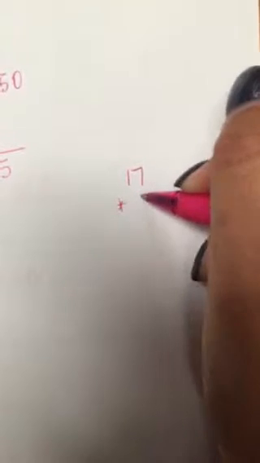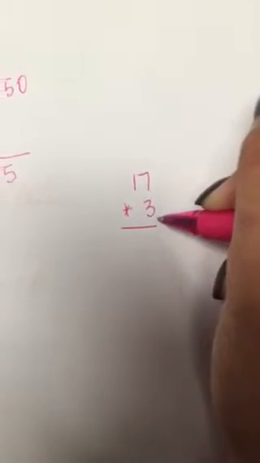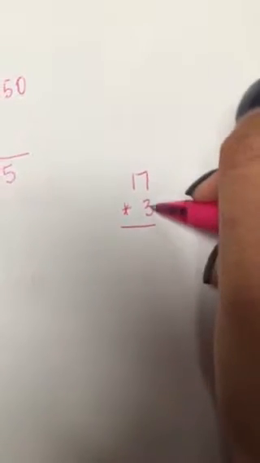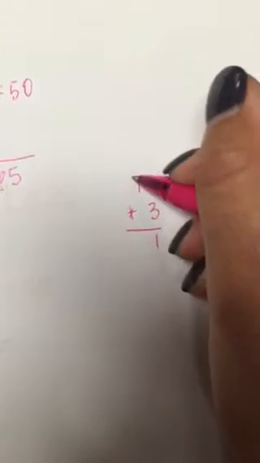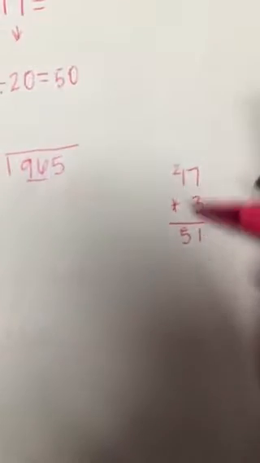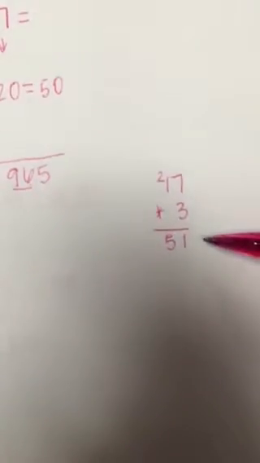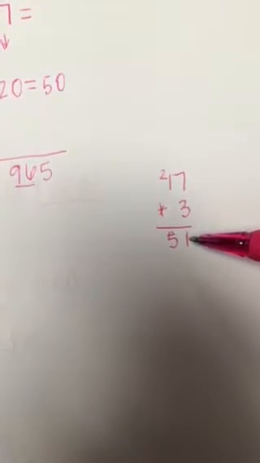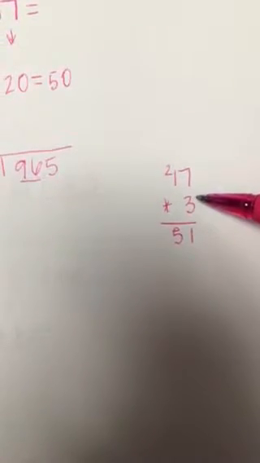So let's start with 3. 17 times 3. 7 times 3, I have 21. 51. Still pretty far away from 96, so I bet 17 can go into 96 more times than just 3.